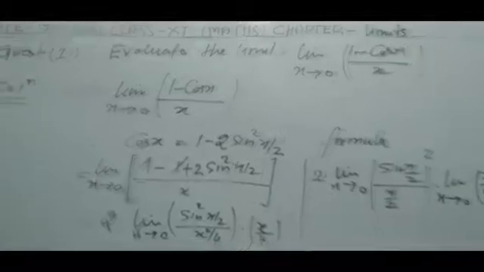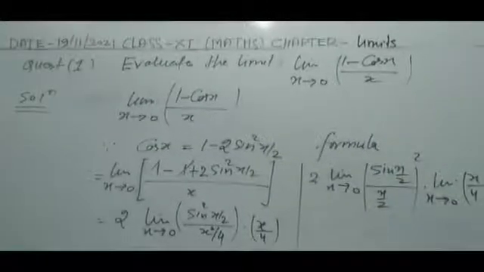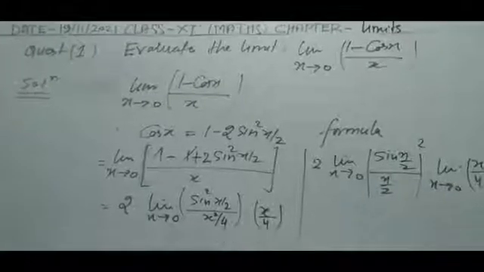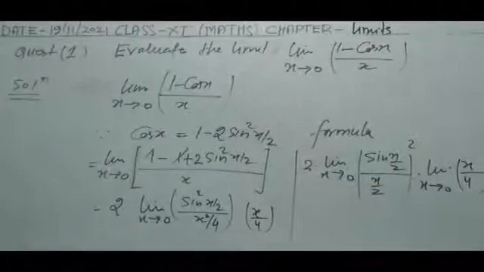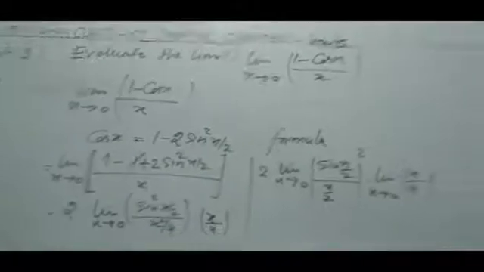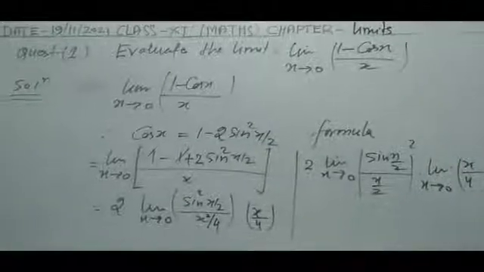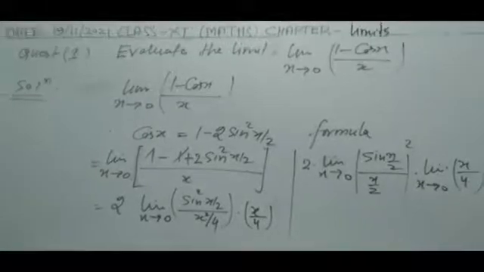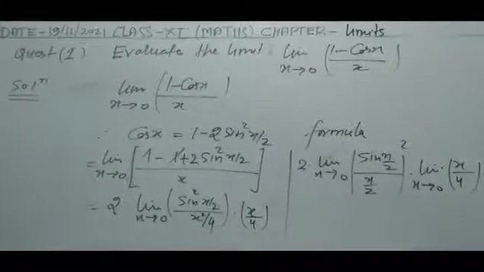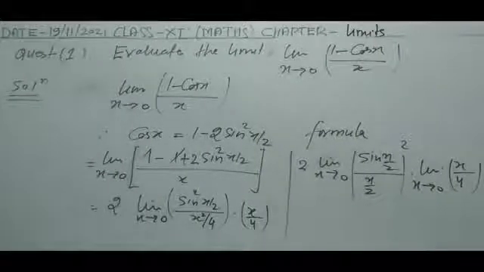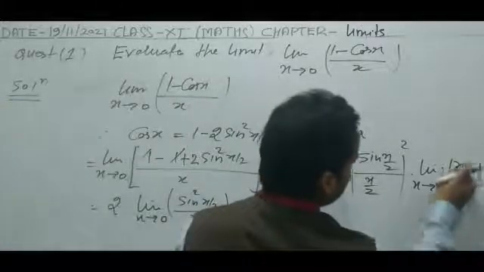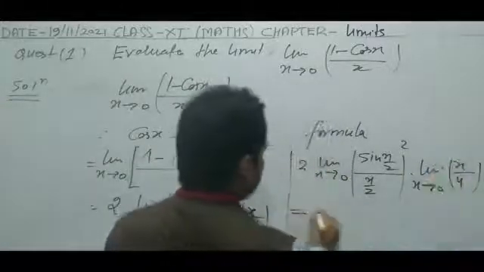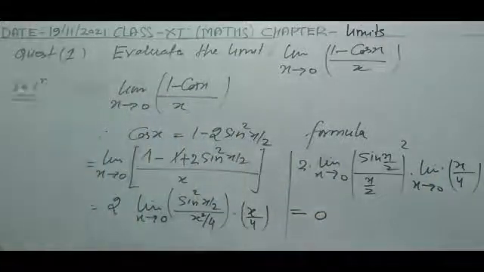Now you can see. This is clear. And this result will be 0. When x tends to 0, this result will be 0, means whole result will be 0. Now this is the answer.